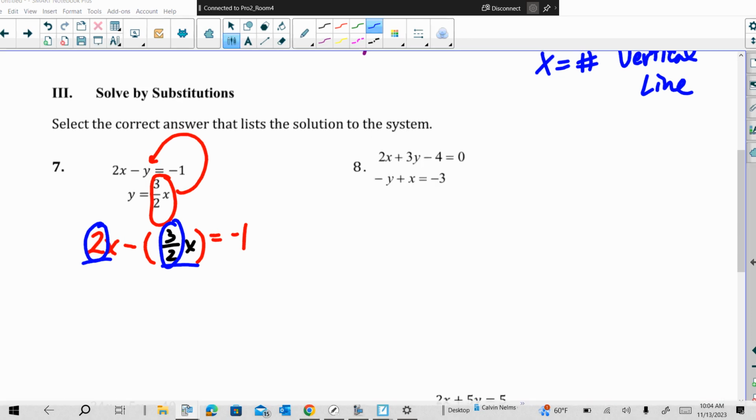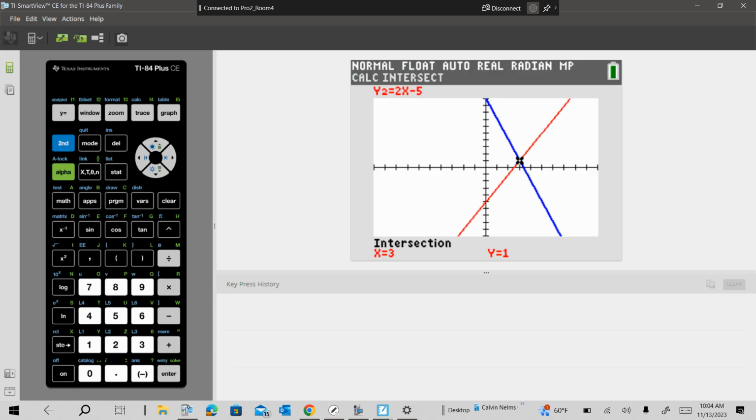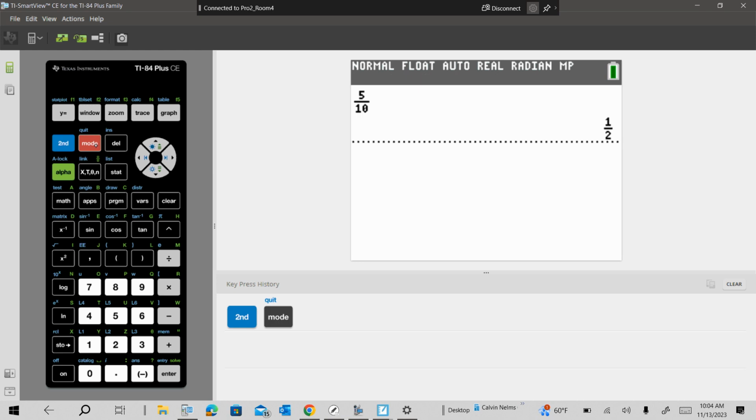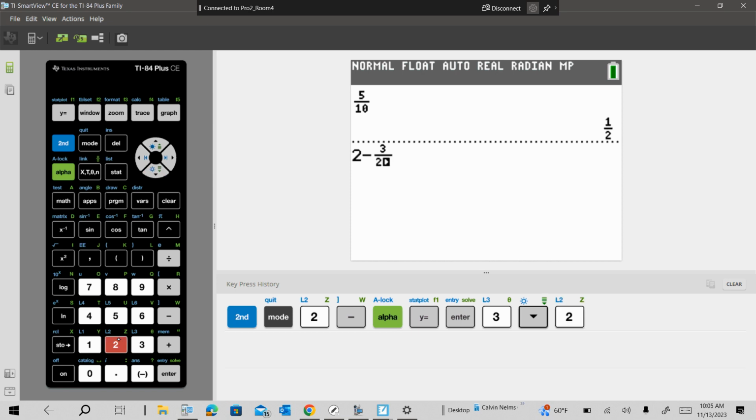It'll give you the fraction answer. So it's 2 minus, and then alpha y equals, 3 on the top, 2 on the bottom, arrow to the right, enter. We get 1/2. So the calculator does the simplifying of the fraction for you.